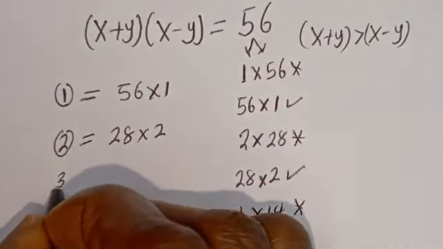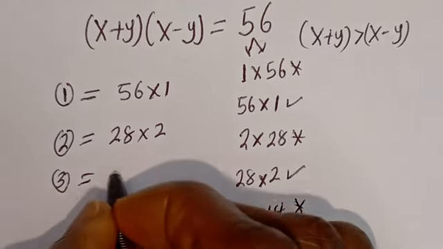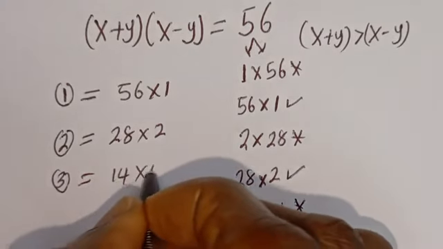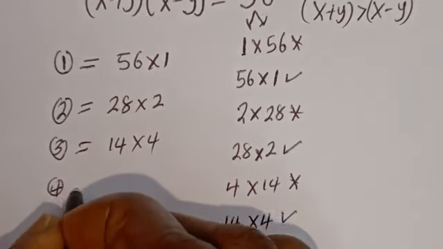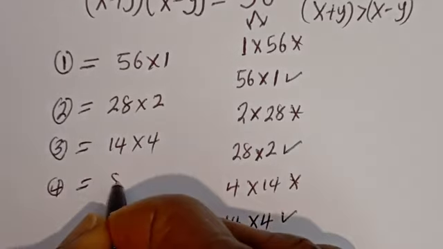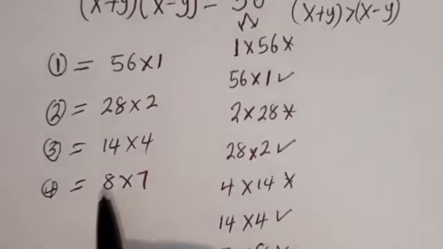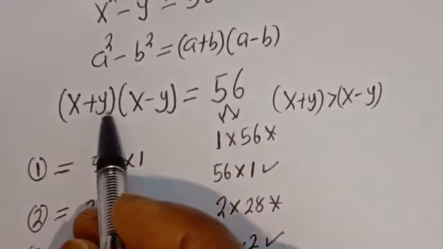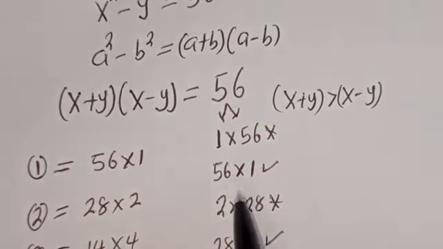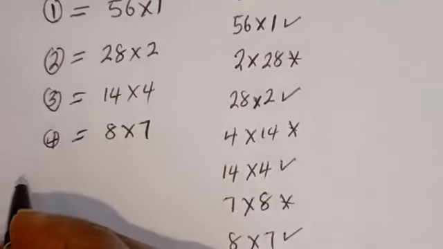Then third case is equal to 14 multiplied by 4. And then fourth case is equal to 8 multiplied by 7. Now from here, we have (x plus y) multiplied by (x minus y), which is equal to 56. So let's consider the cases.